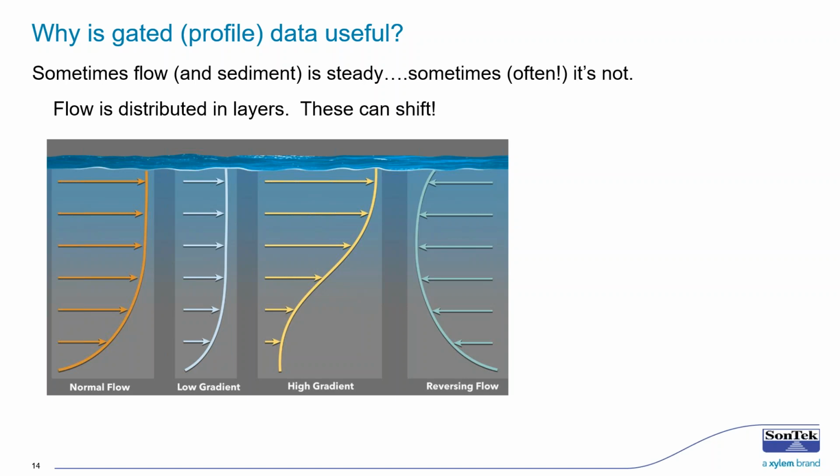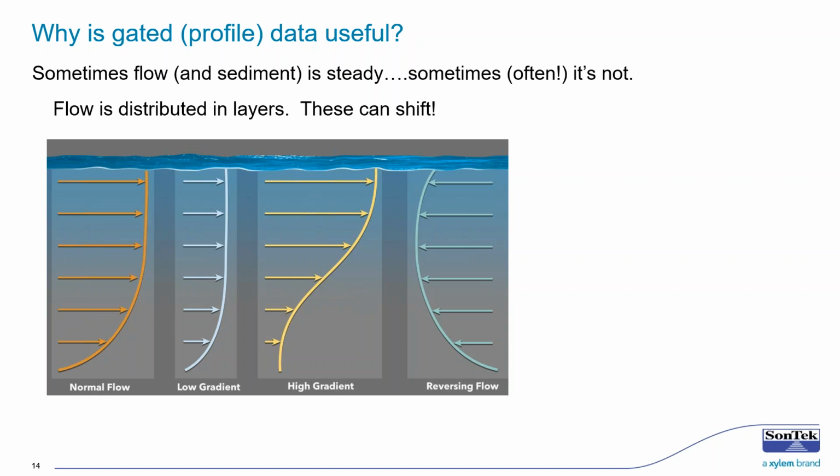So here's a couple examples of what flow gradients look like from a side view. This is a velocity profile from the bottom of the channel going up. In a typical velocity profile, as you see on the left in the figure that says normal flow, velocity moves pretty slow along the bottom because of friction, but also because sediments tend to sit lower in the water column.